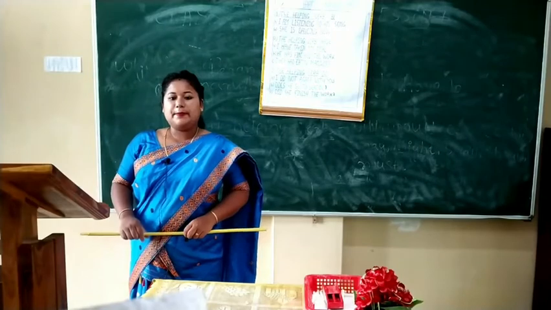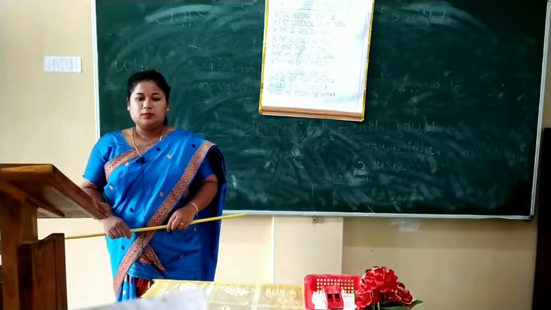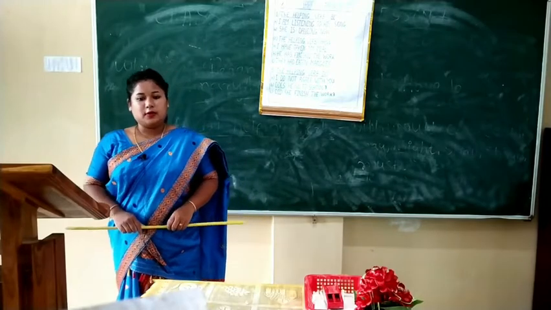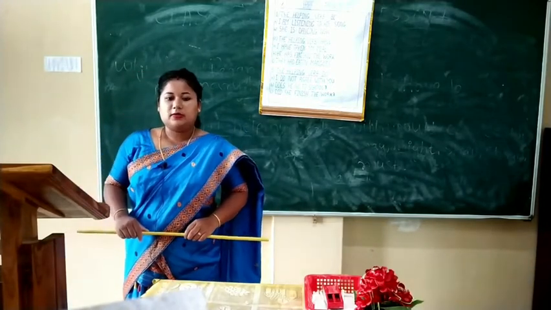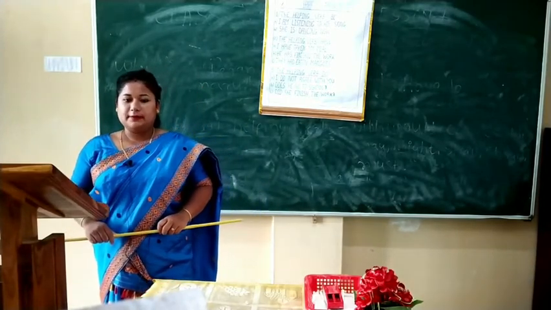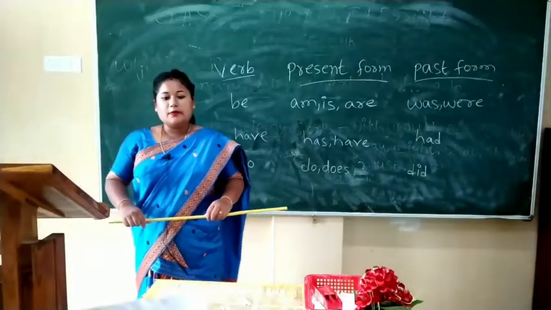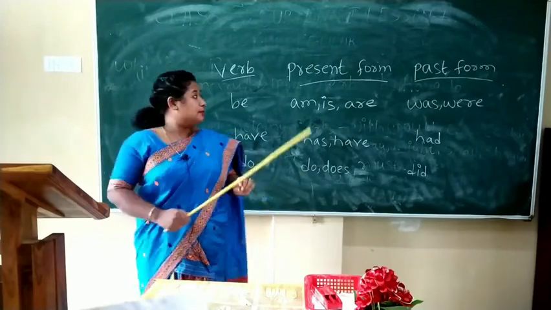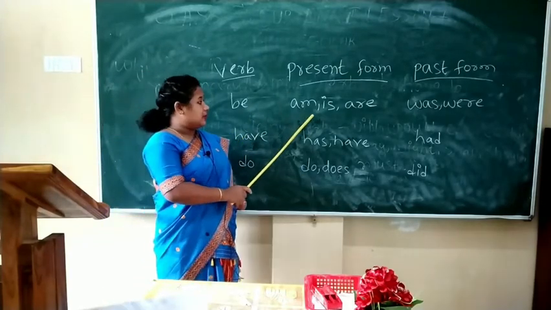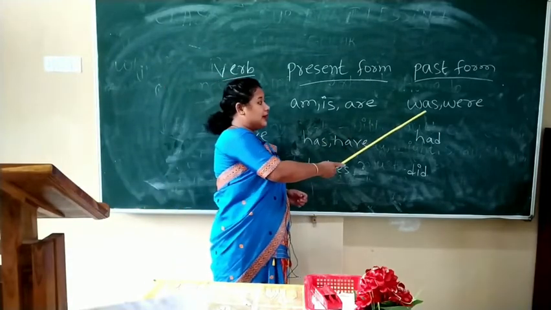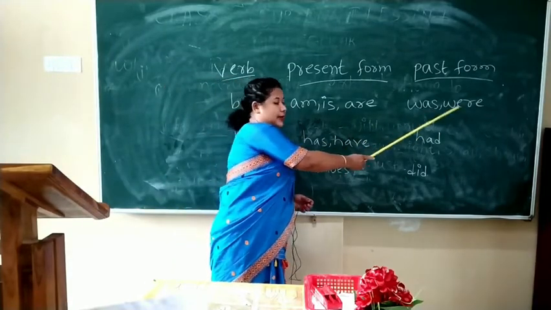Now we will learn about helping verbs be, have, and do. First of all, let us be clear about the forms of primary helping verbs be, have, and do. We can write the present form of verb be as am, is, are, and in the past form we can write was, were.